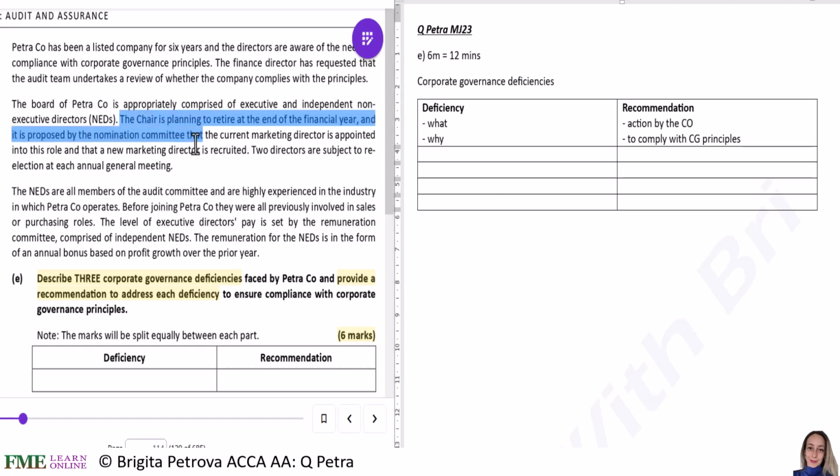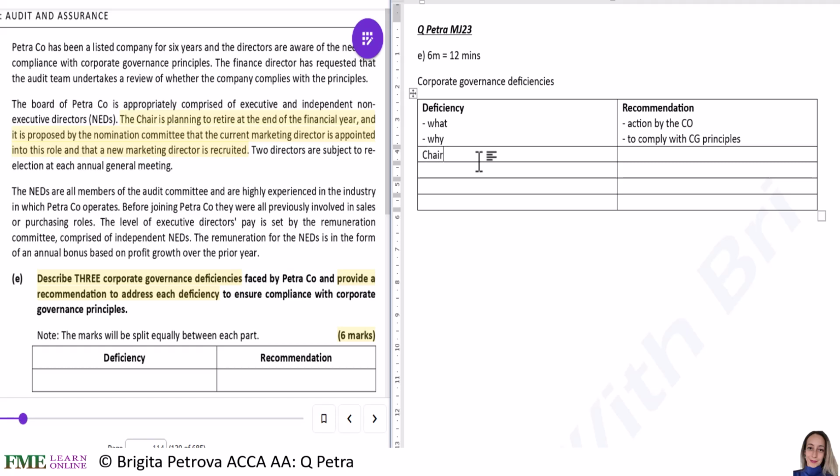Do you like it? Because I personally think that this is not something I want to happen in the company. So they've got the marketing director who is an executive director, and this person is going to become the chair. So we found the weakness.